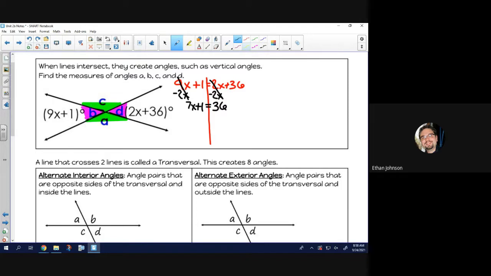I'll subtract 1 from both sides. So 7x equals 35. Last but not least, I will divide both sides by 7 to get x equals 5.